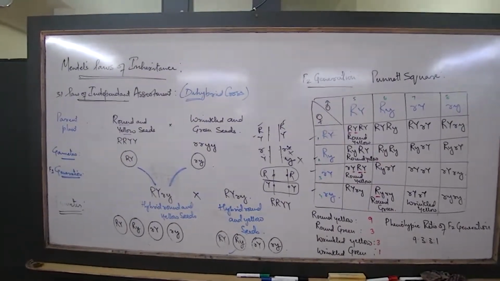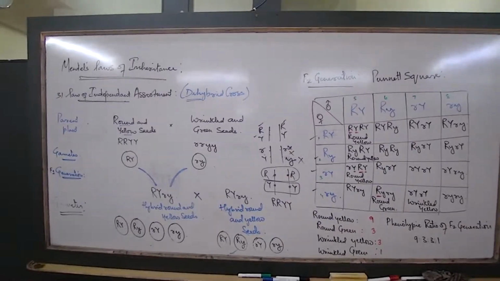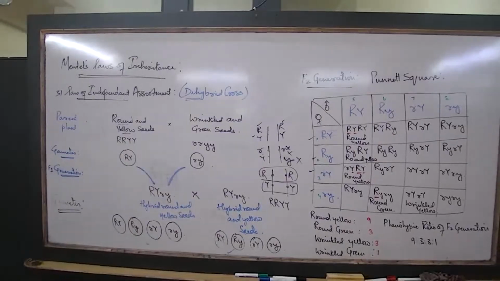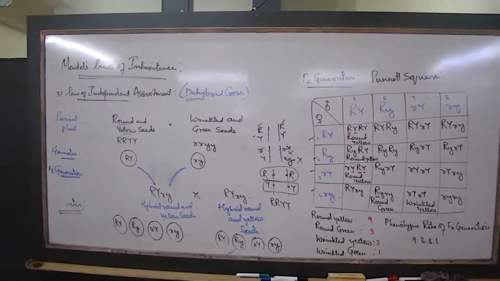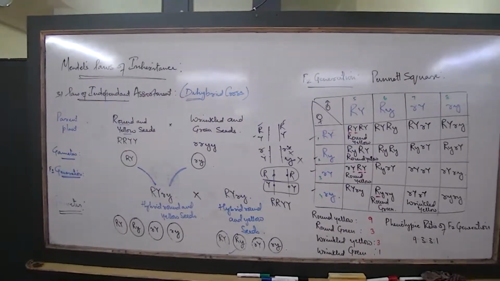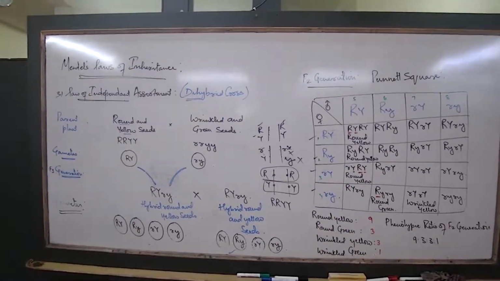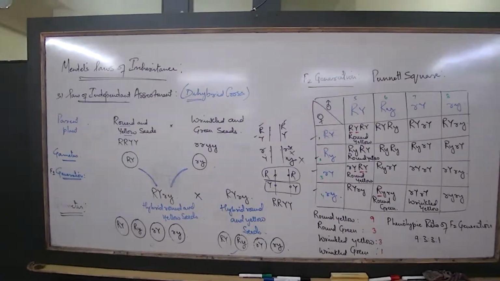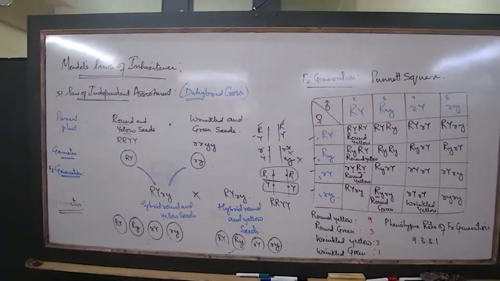Now decide the genotype. How to write? Which letters can I take? Purple flowers, capital P, inflated, capital I. Do you write once or twice? Twice. Capital P, capital I, capital I. For the contrast, what do you have to write?